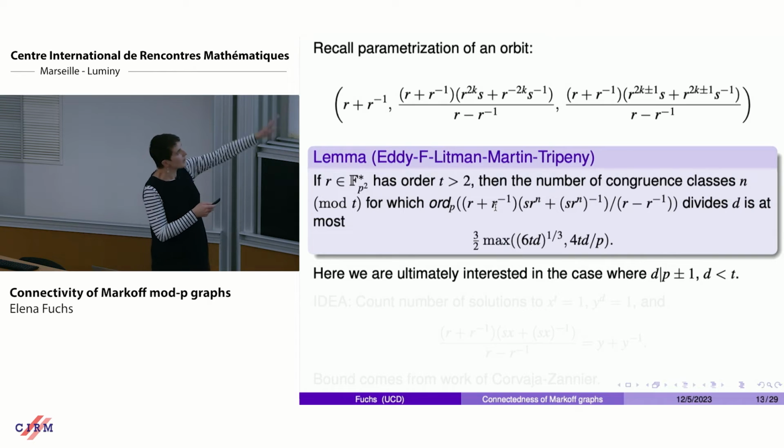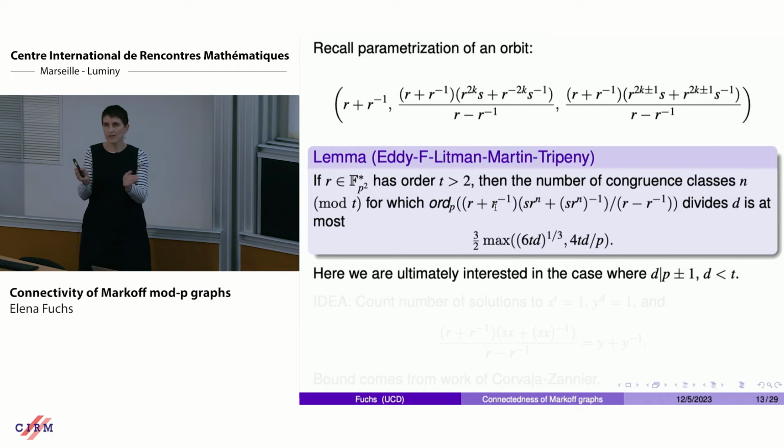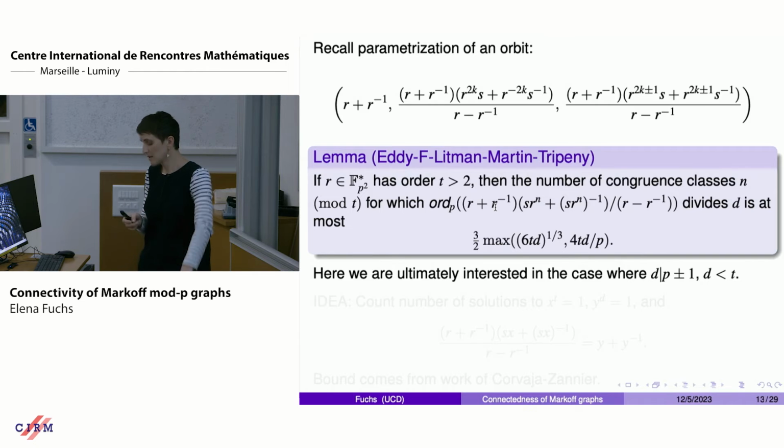And then we will say, well, if that number is less than t, which is the total number of points in the orbit, then there should be at least one that has an order greater than t. So we want to get an upper bound on the number of triples that don't grow in order, and hopefully say we have some left over where the order does grow. So that's why this is interesting to us.